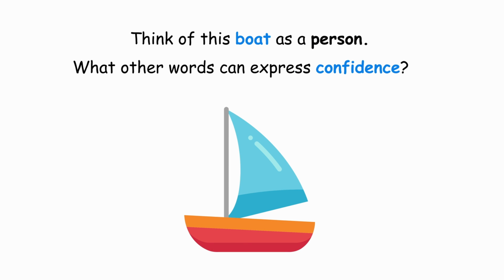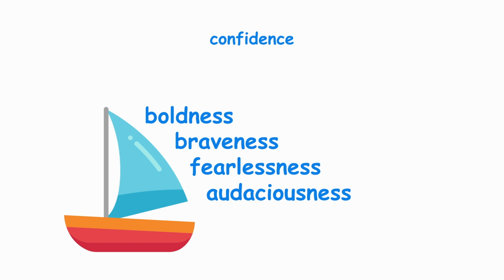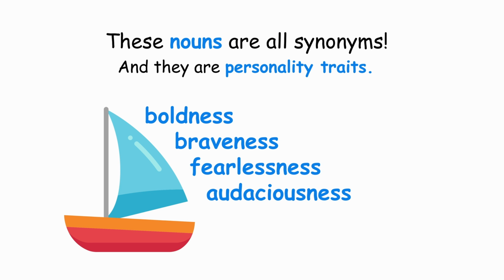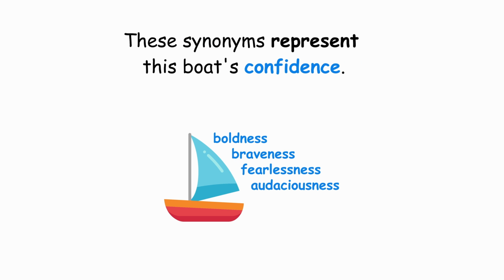Think of this boat as a person. What other words can express confidence? Boldness, braveness, fearlessness, audaciousness. These nouns are all synonyms, and they are personality traits. These synonyms represent this boat's confidence.